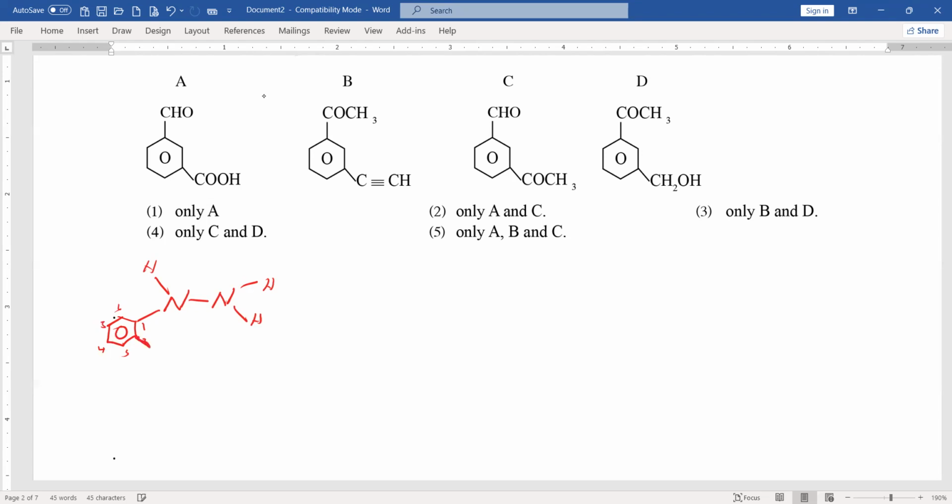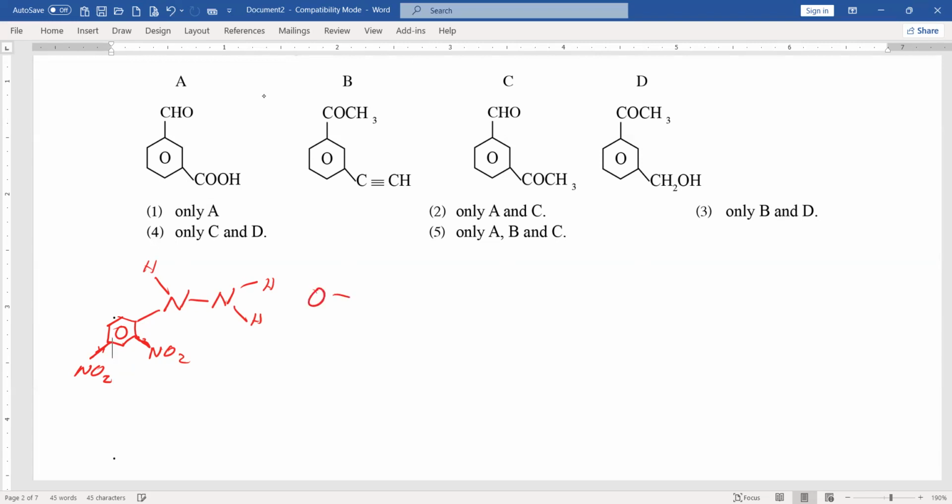Here on the second carbon we have a nitro group, and on the fourth carbon we have a nitro group. Then we call it 2,4-dinitrophenylhydrazine.